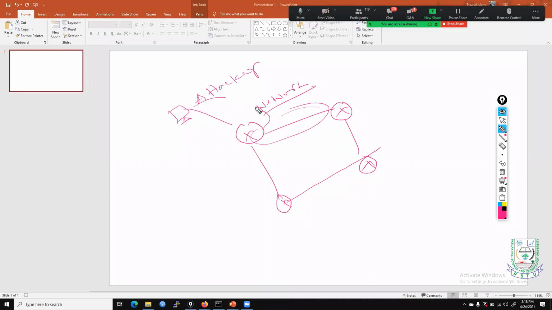Then he sends the request to all the network devices, and the replies come back. Obviously, when someone sends a request, the server or network devices will reply to that request, right?